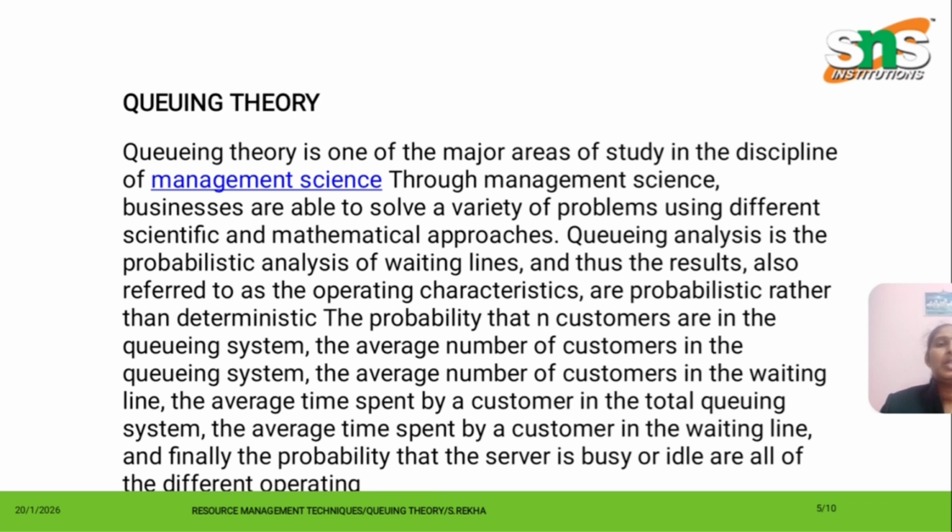Based on the probabilistic analysis of the waiting line, the models are split into various types: model 1, model 2, model 3, 4 and 5. We can find the probability of n customers in the queuing system, the average number of customers arriving in the queue, the average time spent by a customer in the queue and waiting line, and the probability that the server is busy or idle.